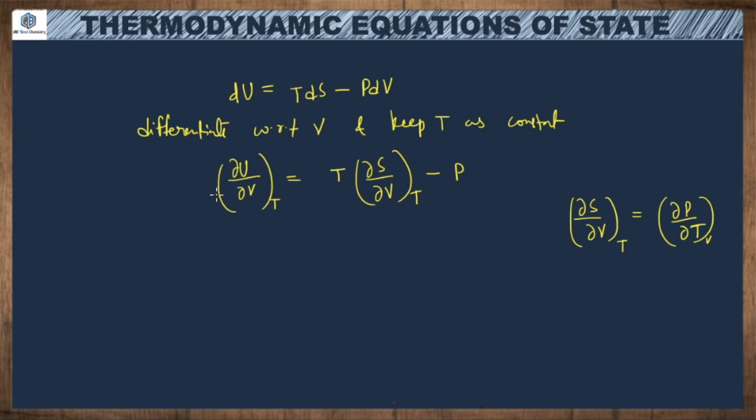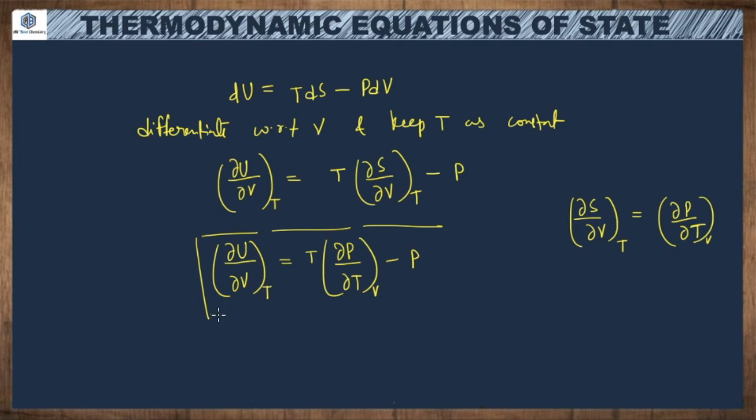Now if you put it over here, you get del U by del V at constant T equal to T times del P by del T at constant V, minus P. This is going to be called the first thermodynamic equation of state.